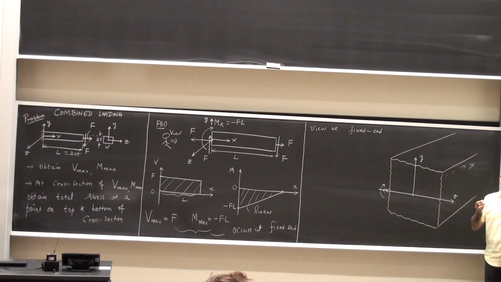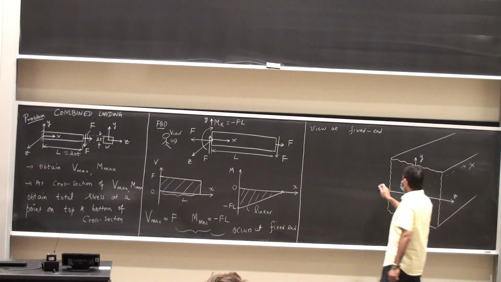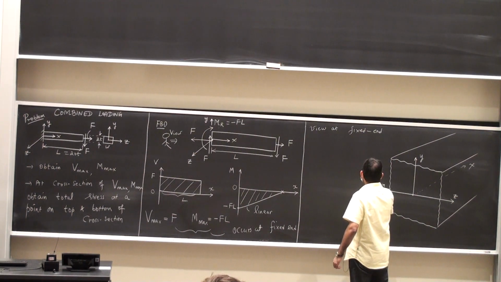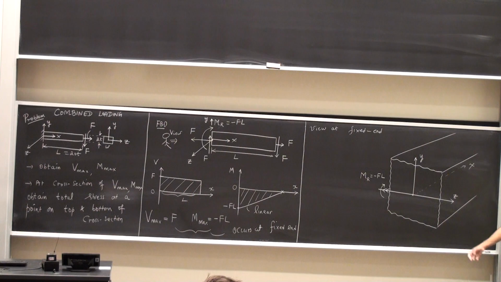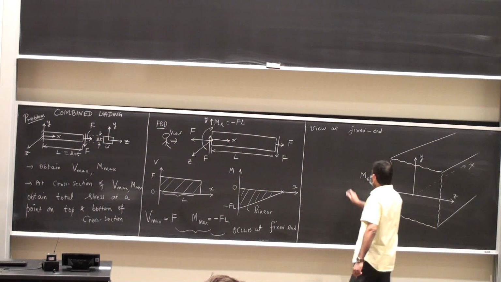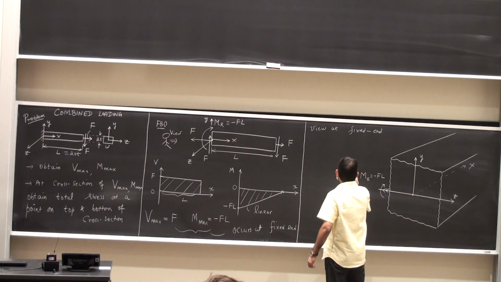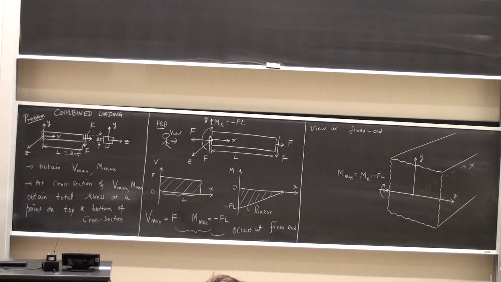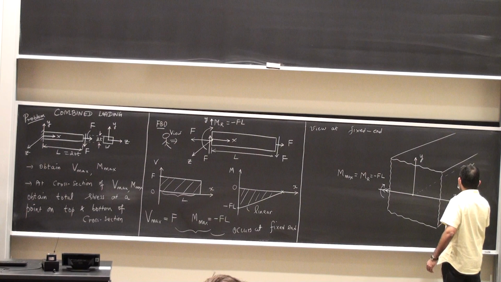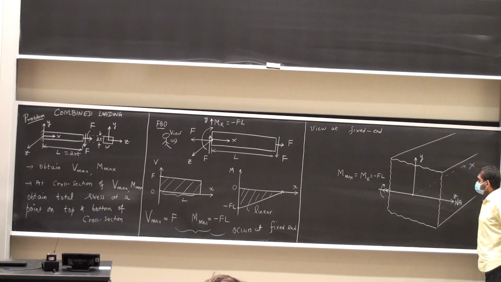But I'm going to say that this is minus F times L. And this is actually M max. And so my z-axis is the neutral axis. This is the centroid.